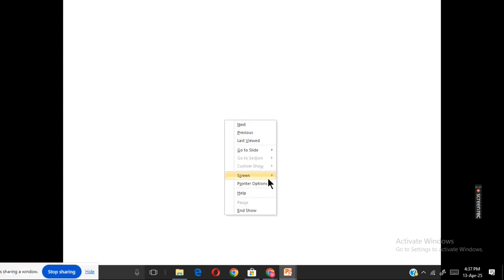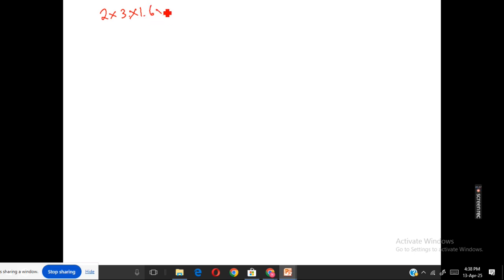So if we substitute, it will be 2 into 3 into 1.6 into 10 raised to minus 19 divided by 1.6 into 10 raised to minus 19, which is q, into 4 into 10 raised to 6, which is RC.